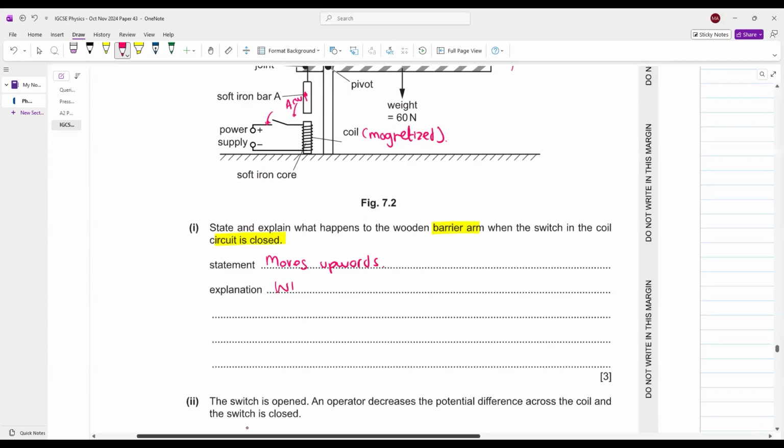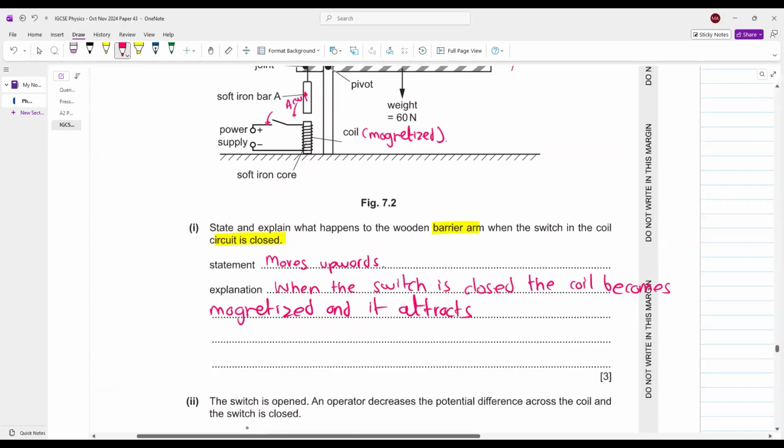When the switch is closed, the coil becomes magnetized and it attracts the soft iron bar.